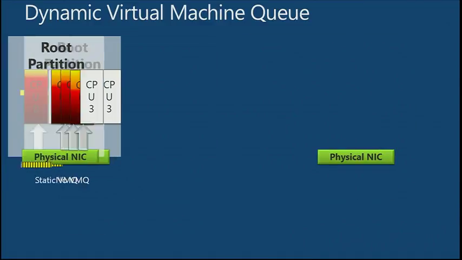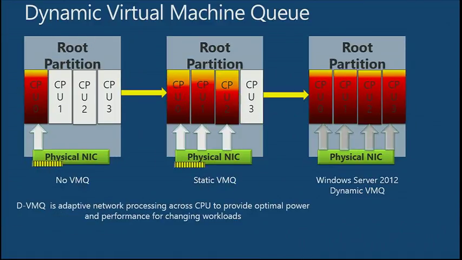One of the other things is virtual machine queue. We actually introduced it in Hyper-V in 2008 R2. Virtual machine queue is another offload technology. It's slightly different than SR-IOV, and it doesn't bypass the Hyper-V virtual switch. In 2008 R2 we had a performance bottleneck at the root partition, where the offload was basically locked to CPU 0. So if CPU 0 got thrashed, we couldn't scale very well.